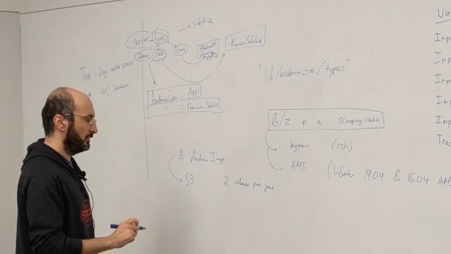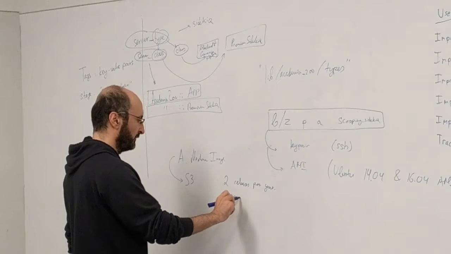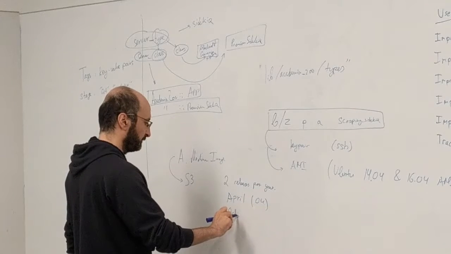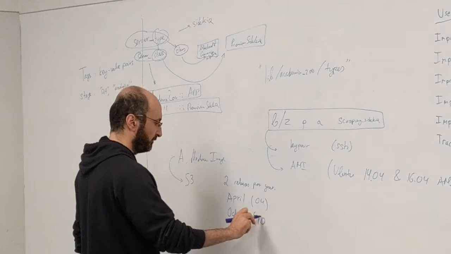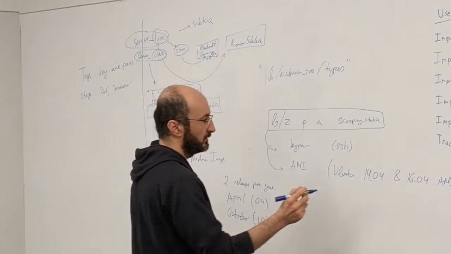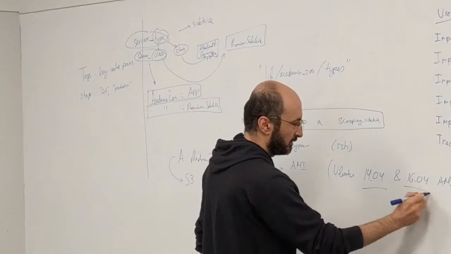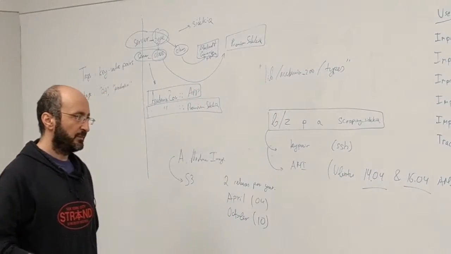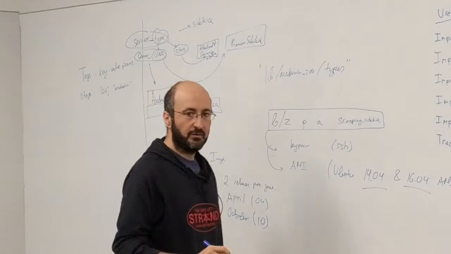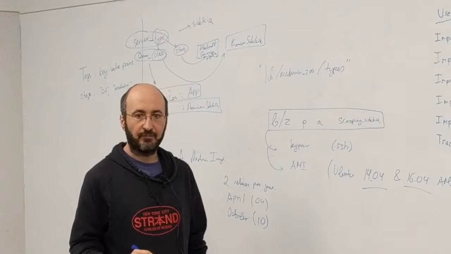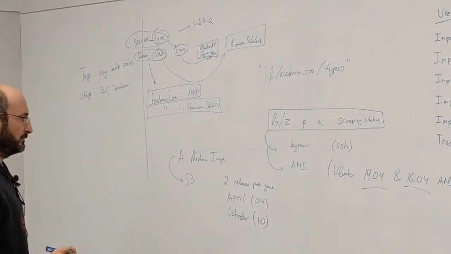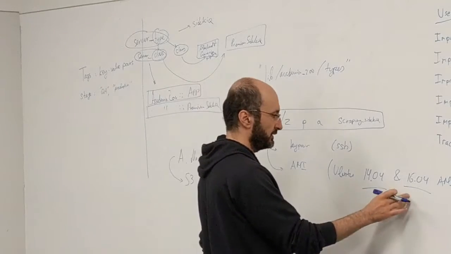They always happen in April, so month 4, and in October, month 10. And so the version number of a particular Ubuntu distribution is just the year and the month in which it was released. So we run on 14 and 16.